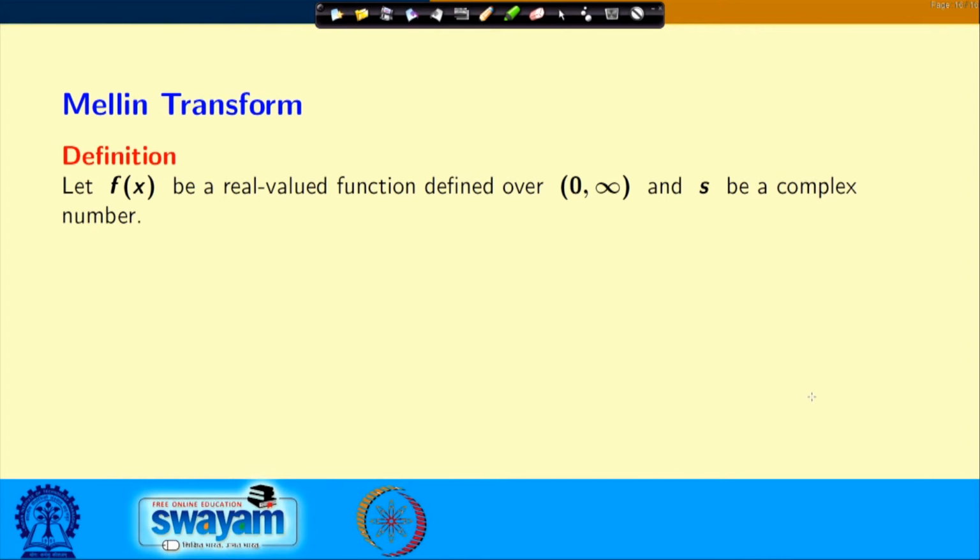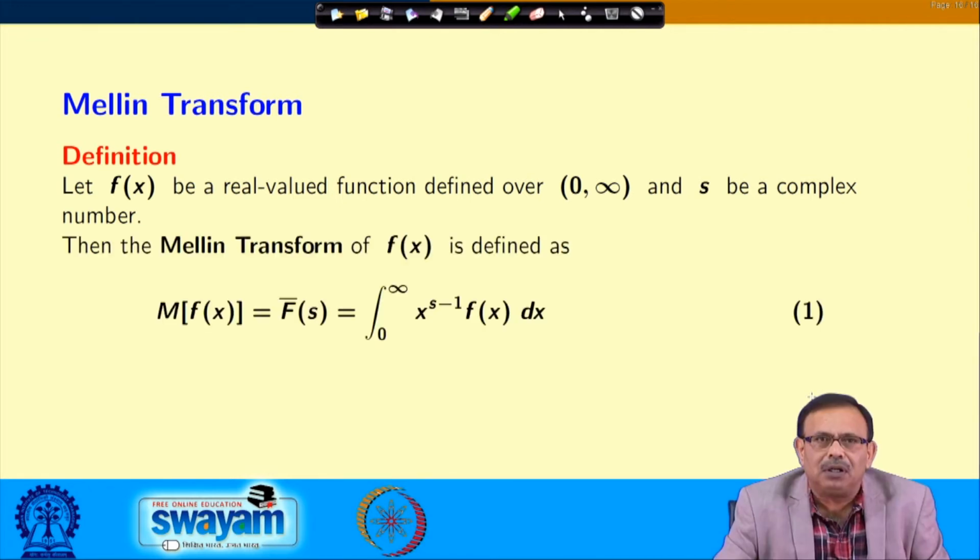Let f(x) be a real valued function defined over 0 to infinity and s be a complex number. Then the Mellin transform of f(x), which we denote as M of f(x), is F bar(s), which equals the integral from 0 to infinity of x to the power s minus 1 into f(x) dx, where s is a complex number.